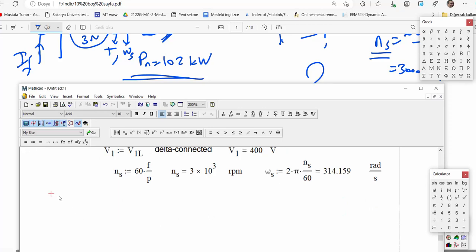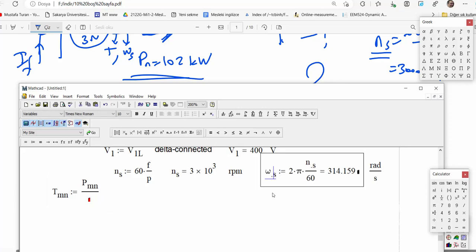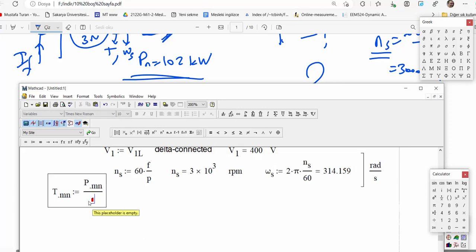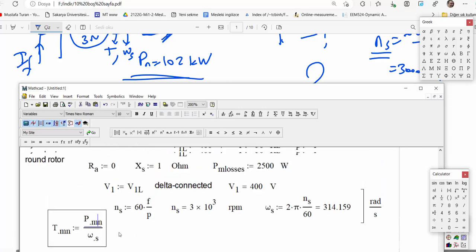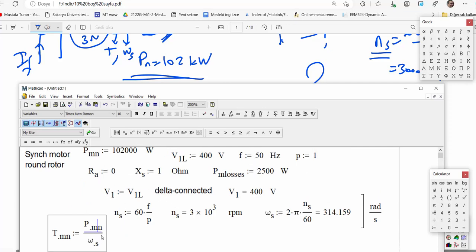And then the rated mechanical output torque, shaft torque, is equal to rated mechanical output over the angular speed of the shaft, which is always the rated value, because the machine always rotates at synchronous speed.